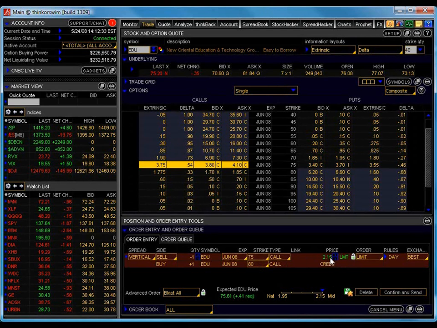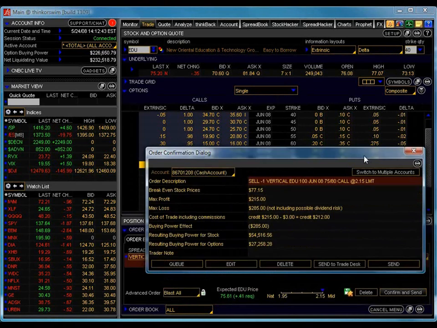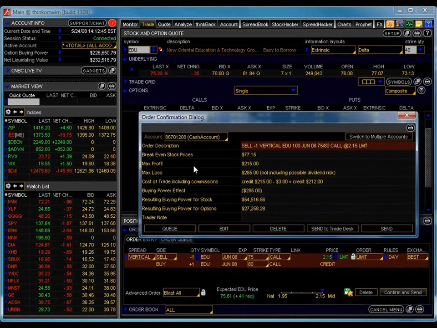So the maximum loss is $2.85. The maximum gain is $2.15. And if we bring up the confirmation dialog box, you can see that they have the exact same numbers. The maximum profit is $2.15, or $215, and the maximum loss is $285, which is the difference between the strike prices minus the credit we receive.